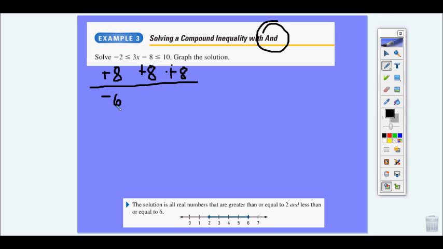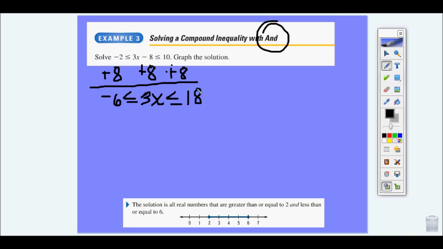My 3x minus 8 plus 8 is going to give me 3x. And then my 10 plus 8 is going to give me 18. Now I did not need to reverse any symbols because I am only adding and subtracting at this point.